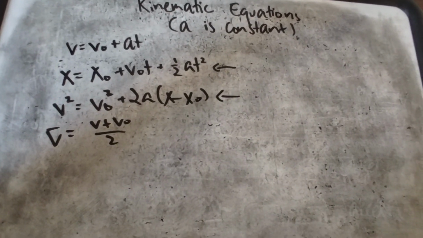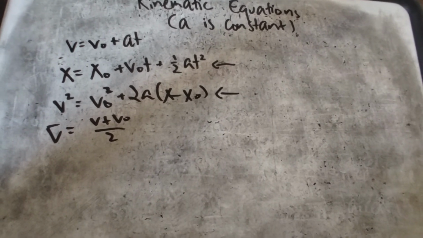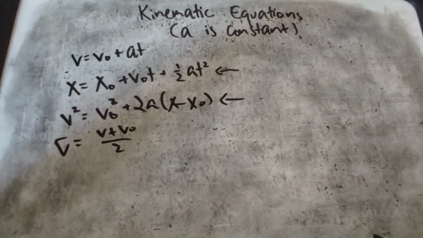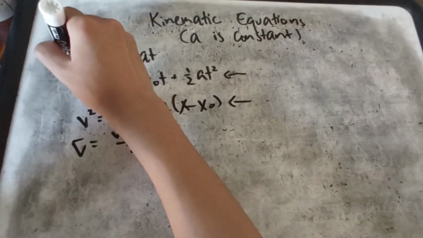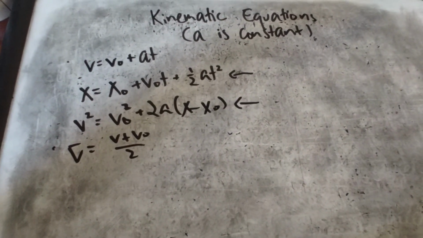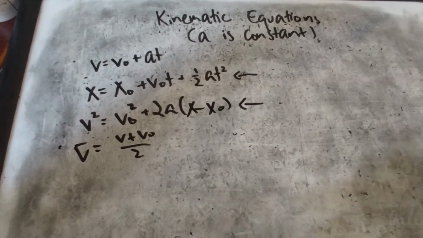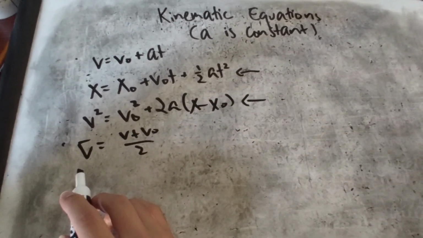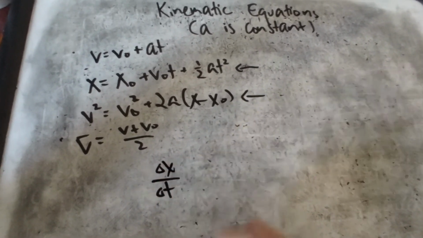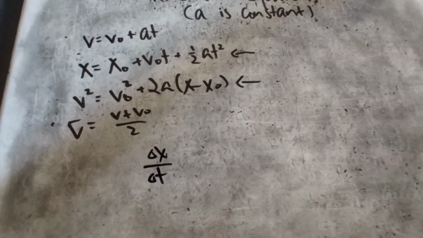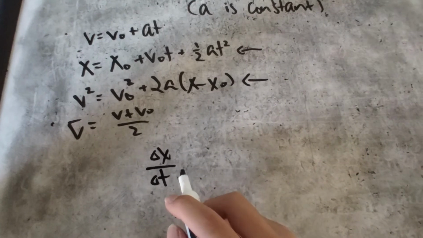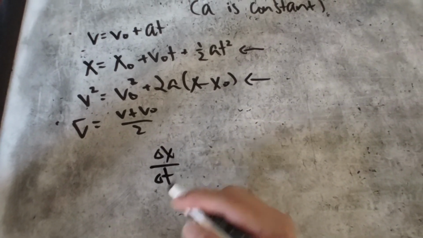It mostly just comes from the basic definitions of velocity and acceleration. One thing to point out is these two over here, number 1 and number 4, you don't really have to memorize as much, as they are more of an easier concept to go over. This is just the average velocity. Normally we saw average velocity as the change in x over the change in t, but in this case, if you're just given two velocities, you can find the average between the two instead of calculating the change in distance between 2 points.